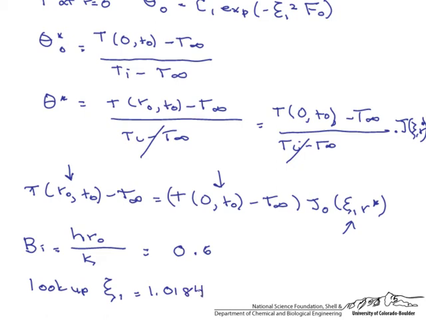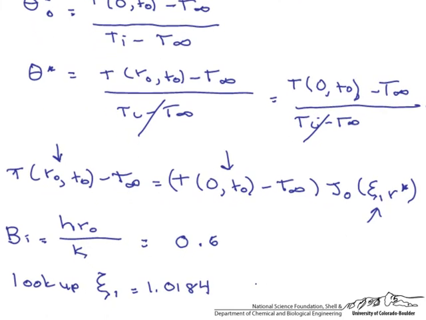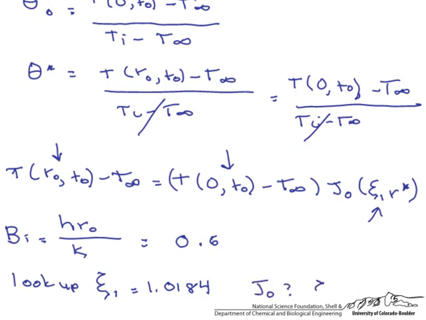So our next step is to find the Bessel function of this 1.0184 times r star, which is 1. So now we go to table B4 and look up our Bessel function of 1.0184, and it's approximately 0.7568.